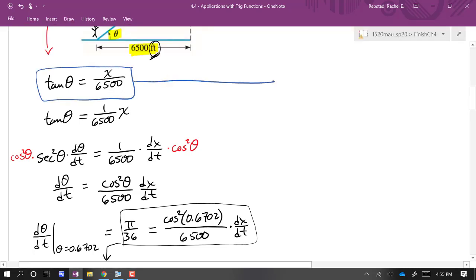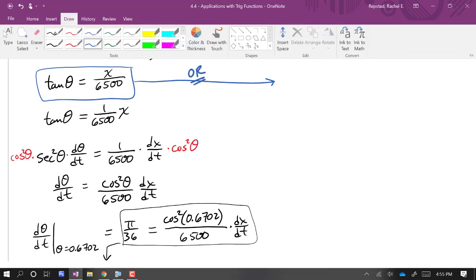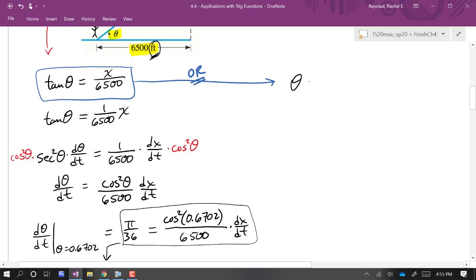I could also proceed this way to say, well, that means that theta is arctan of x over 6500, and then differentiate both sides with respect to t. And you'll still get the same correct answer. Sometimes one method might require an extra step, but they're usually a comparable amount of work. So whichever method you feel comfortable with is the one I would choose.